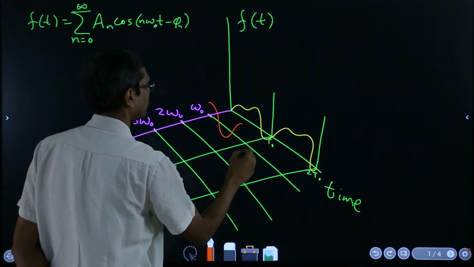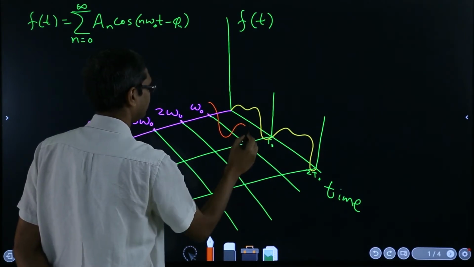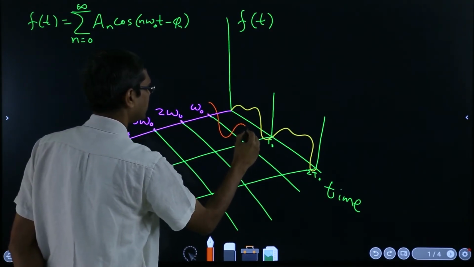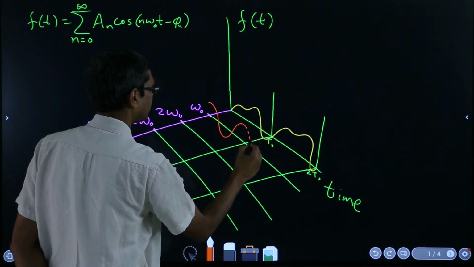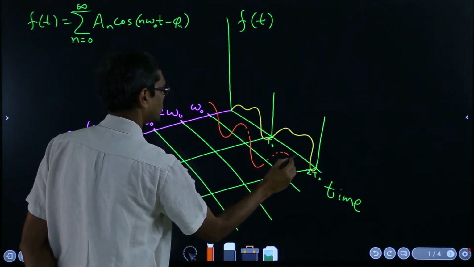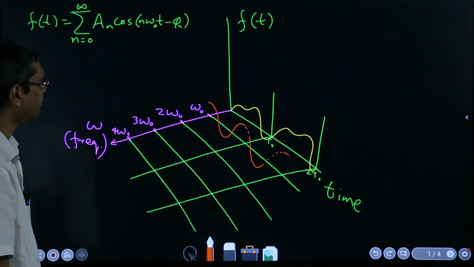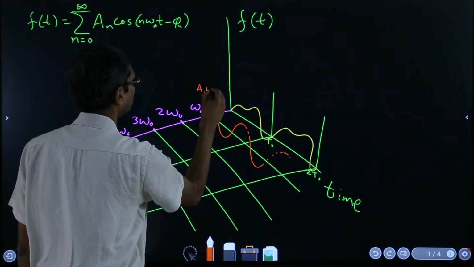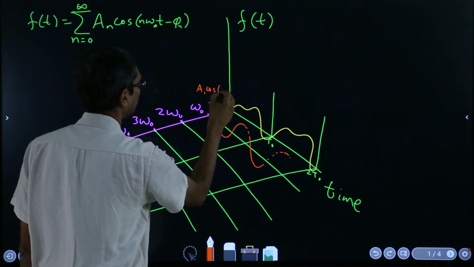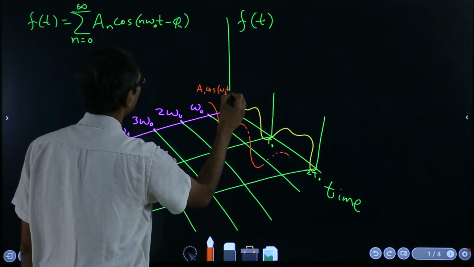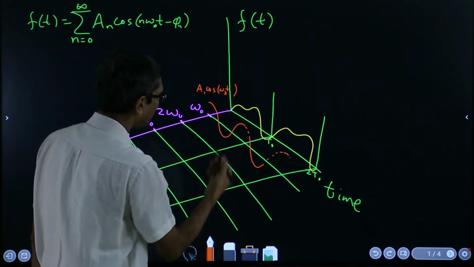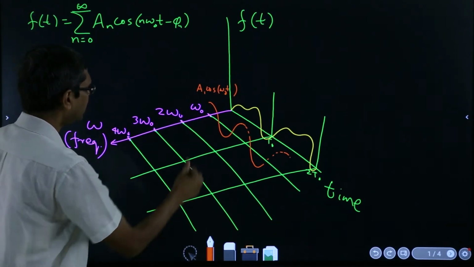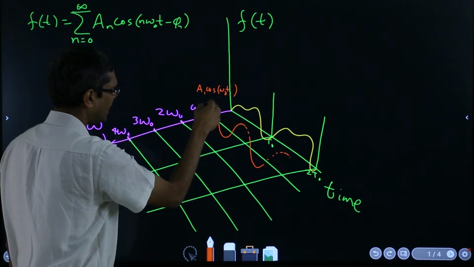If I draw a vertical, it will end here, and again it comes like that. So this is my first function, say a1 cos of omega naught t, and phi is 0 in this case. I have drawn it as if the cos function started at that location, and this height is a1.